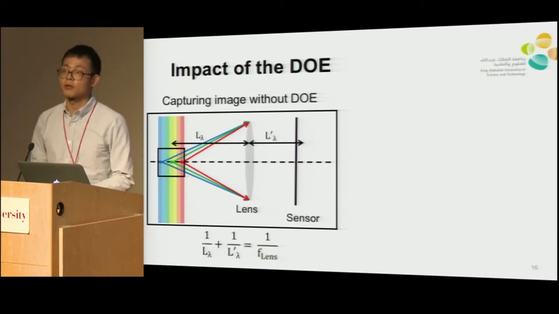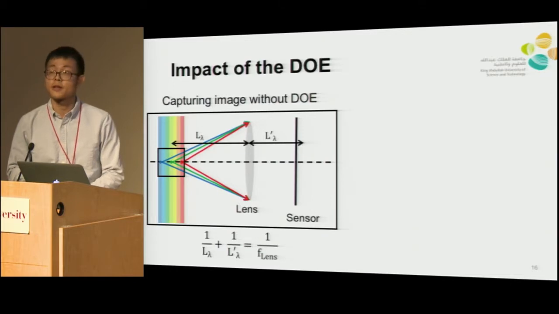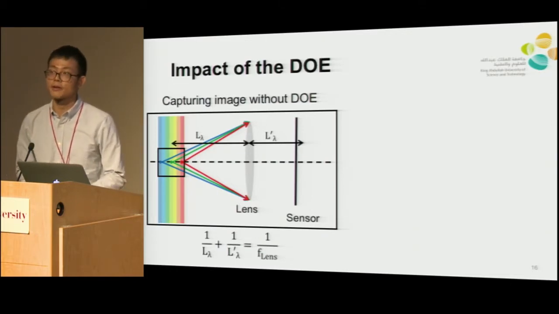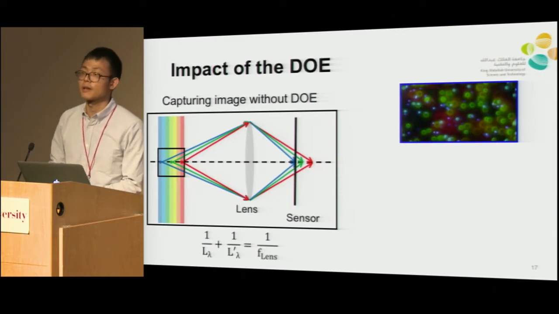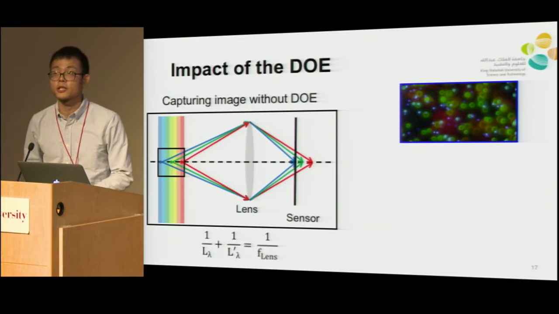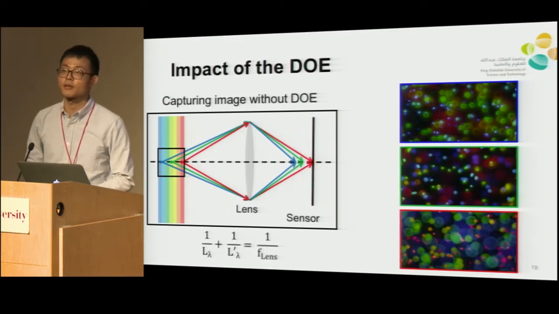Given this imaging formula, with different object distance and the same focal length, the image distance should be different. That means at one time step, we can only focus on one particular light plane. For instance, focus on the blue particles, the green particles, or the red particles.